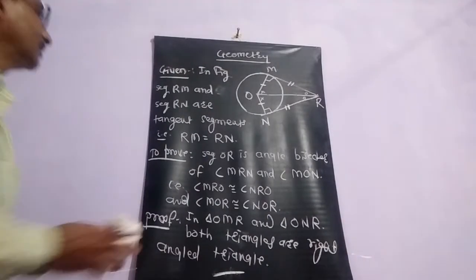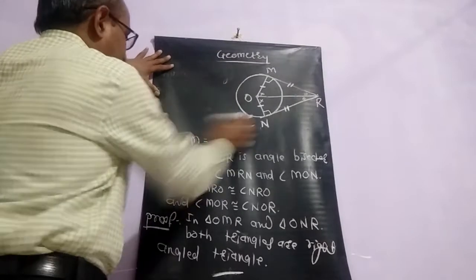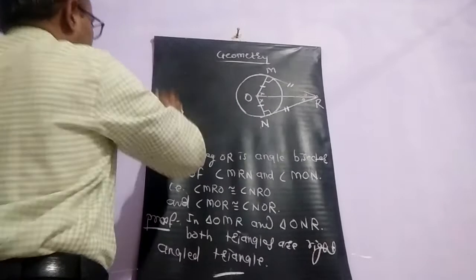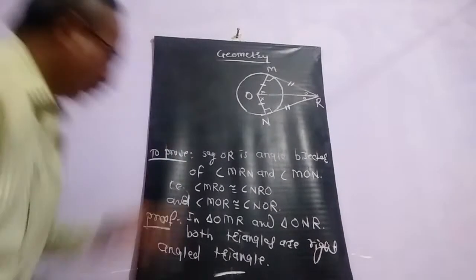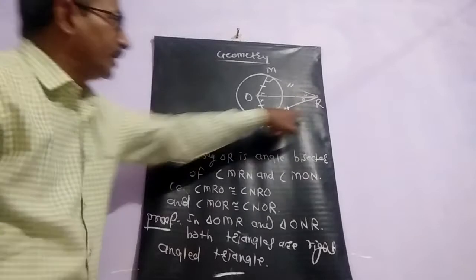So here I can write the proof of this theorem. We have to consider both the triangles, triangle OMR and triangle ONR.